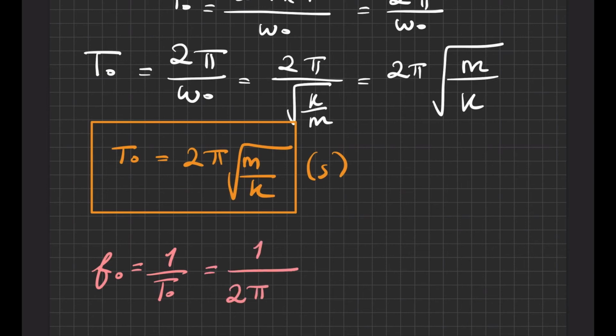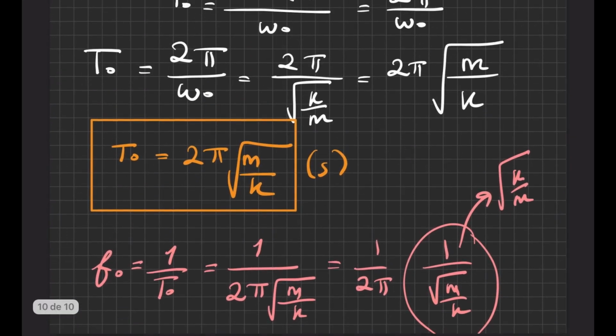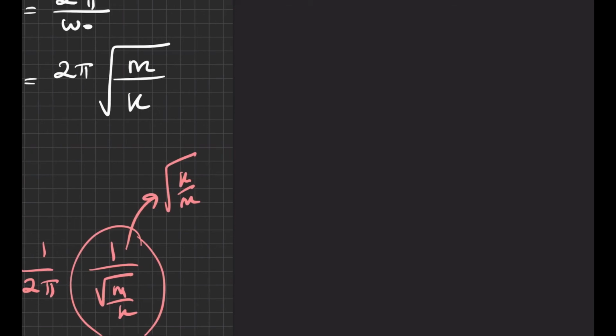That is 1 over 2 pi times 1 over radical m over k. This part here, we just flip it again. It is k over m, right?